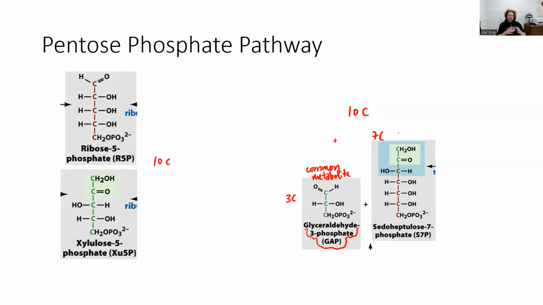So we have this reorganization of our atoms. We're not generating any NADPH, but we are generating glyceraldehyde 3-phosphate, which could find its way into glycolysis. So this is our second major step in the non-oxidative phase of the pentose phosphate pathway. We're going to proceed on in just a moment, but I hope this is helpful.